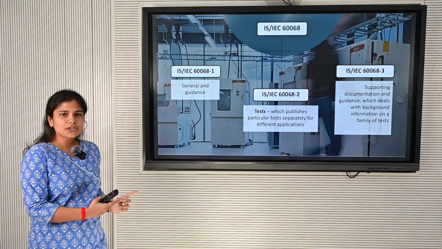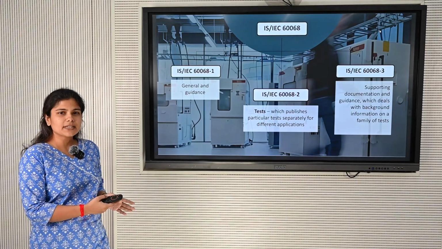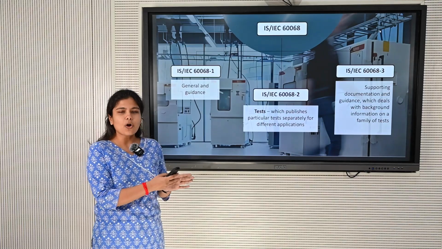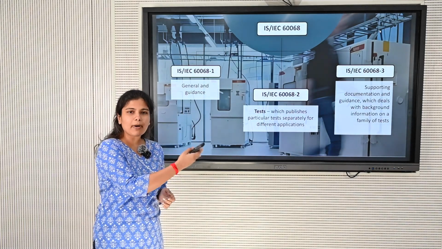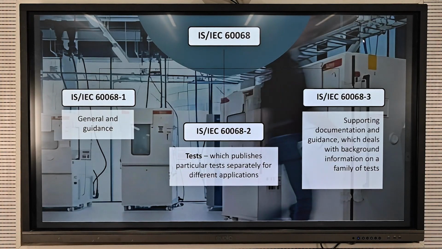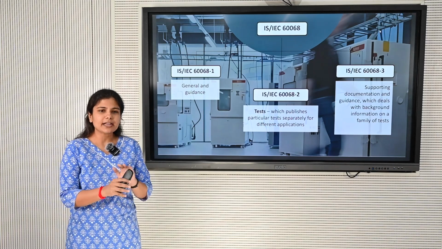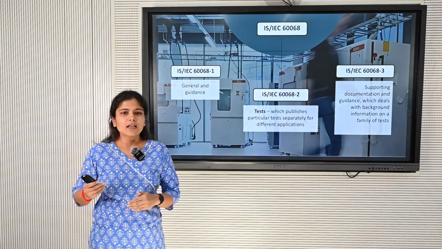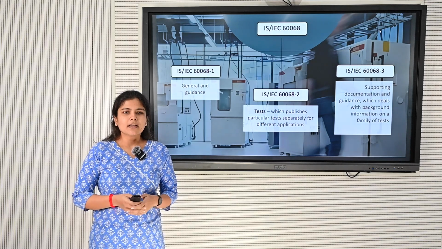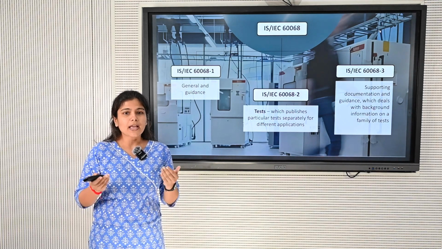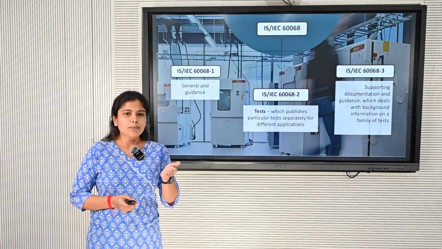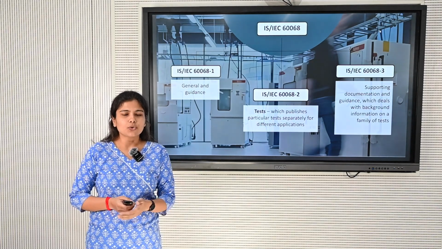This is the structure of the entire 60068 series of standards. It is classified broadly into 3 parts. First part is about guidance. It's a generic standard across different types of tests. Now, as I have explained, there are different types of environmental conditions which the product needs to cater to.